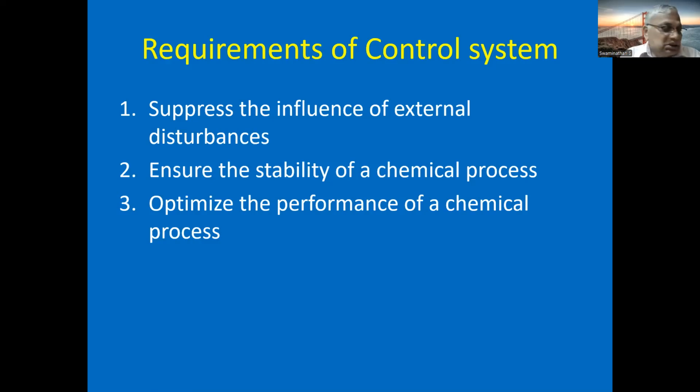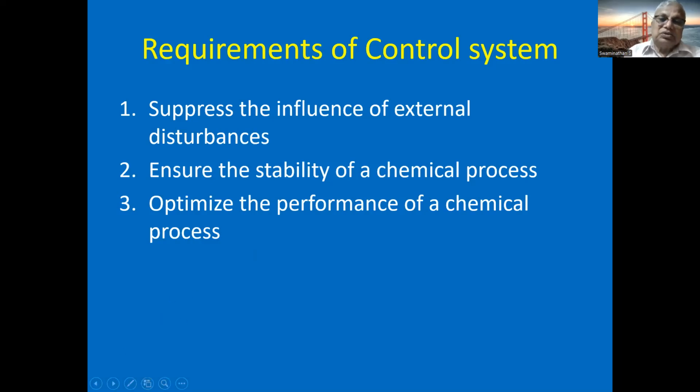The operating conditions, the economics, all these things should be taken into account, and the control system should be able to optimize the performance of a chemical process. Optimize means, basically, online, maximize the profit.